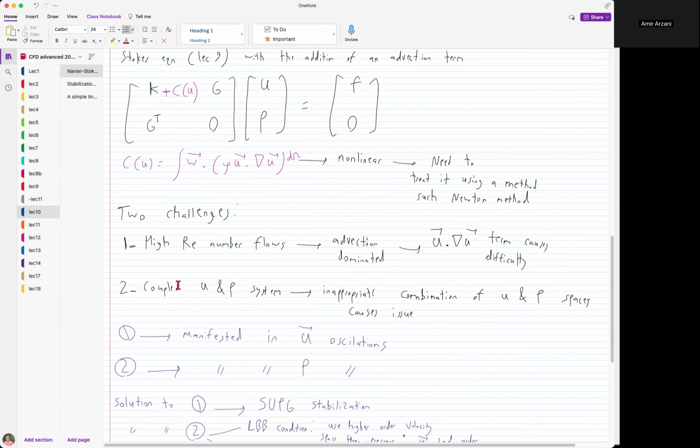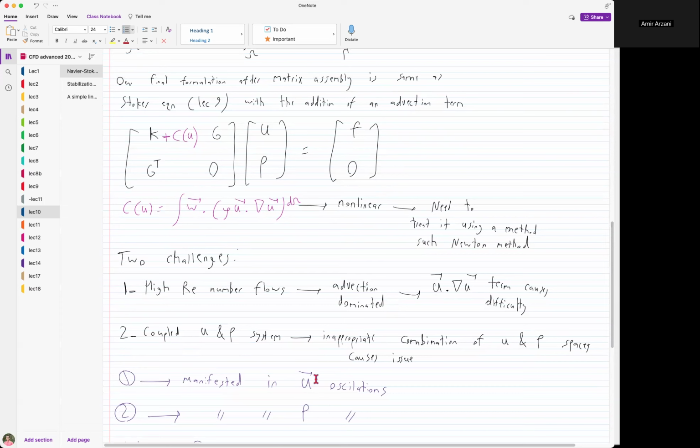So challenge number one manifests itself in oscillations in velocity. So if you look at your finite element simulation results, because of this first issue, you're going to see that your velocity looks noisy, or you're getting oscillations, and then maybe even your simulation diverges as these oscillations, perturbations grow in velocity.